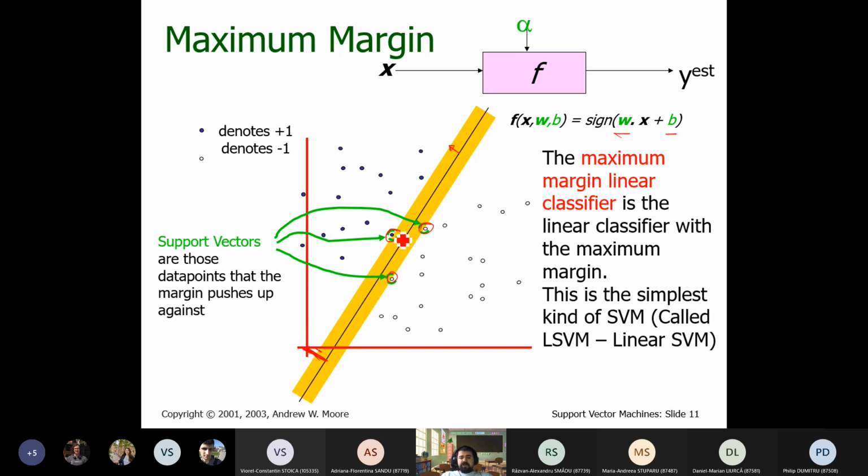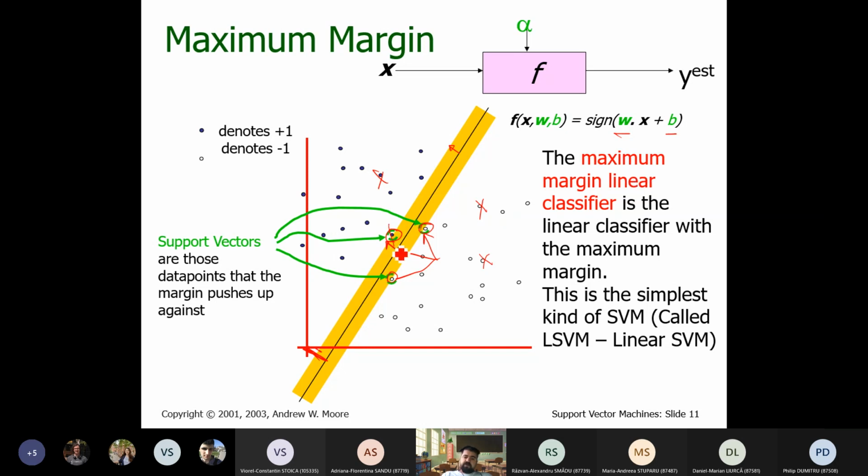Now, if we have the support vectors, these three points will allow me to establish both the orientation of the classifier and the offset, and they are the only points that are really important from the data set. Because if we remove any other points from here, then nothing will change. The classifier will be robust. If we eliminate this point or whatever, the classifier will remain the same. Nothing will be changed.